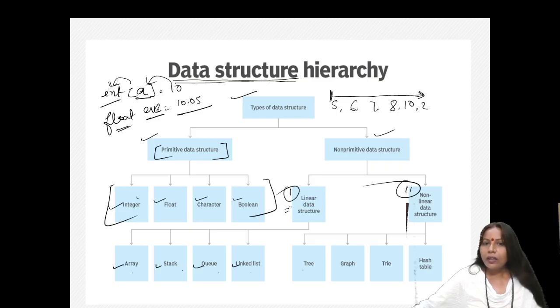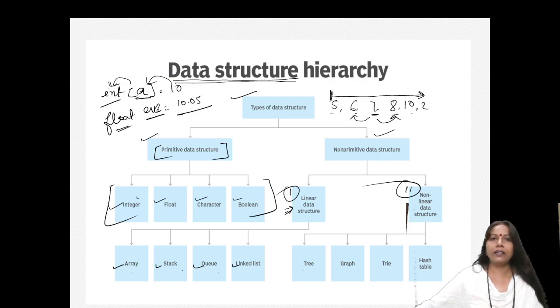This is called linear data structure, where we can represent our data in sequential order, where each element connects to its previous and its next elements. For example, array. This is a linear data structure where we can arrange our data in sequential order. The second one, stack, is also a type of linear data structure.